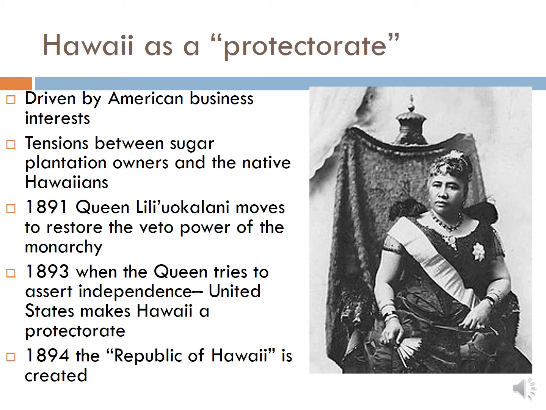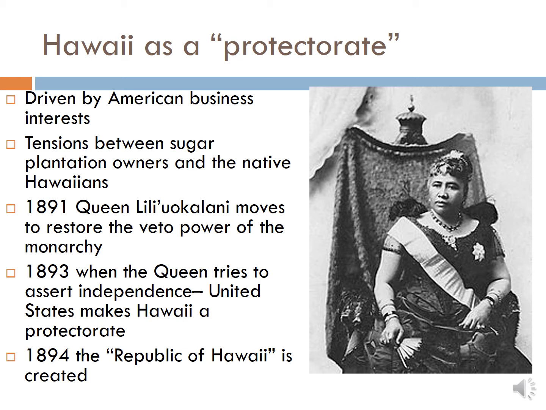And basically, what you see is over time, by the time we get to the late 1800s, there starts to be a real tension between the American presence on the islands, which is a military presence and also a business interest presence with the plantation owners, and the Native Hawaiians.